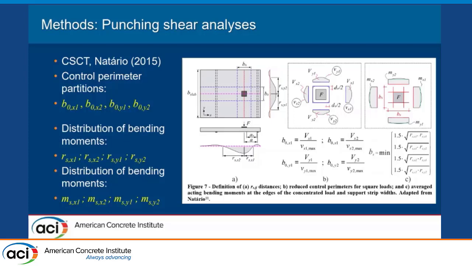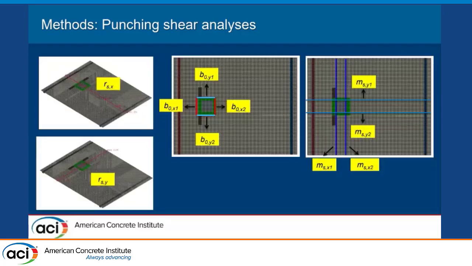And at the end, we need to evaluate the distribution of bending moments at 4 sections crossing the load to estimate the control bending moments. This slide is only to illustrate all sections that we need to evaluate the bending moments and shear demand. In total, we have to evaluate 10 sections of the slabs to estimate the punching capacity.